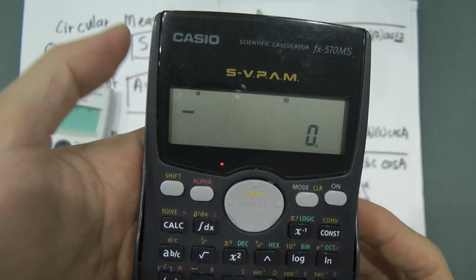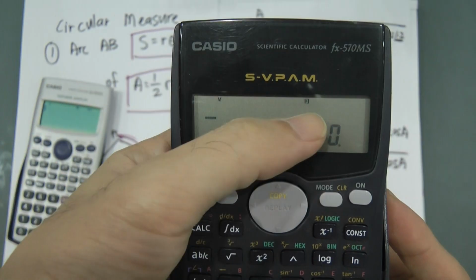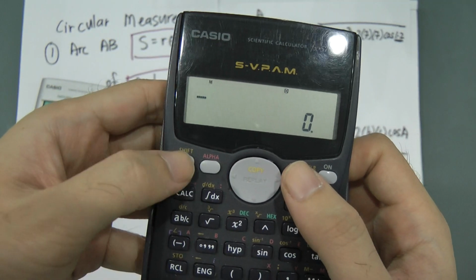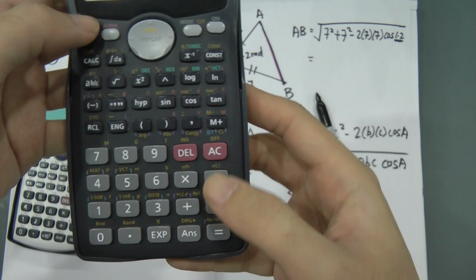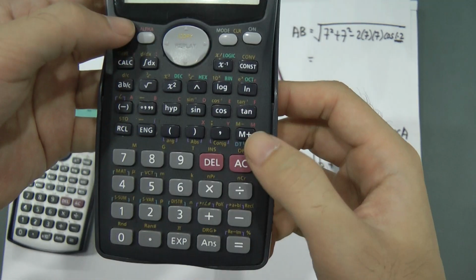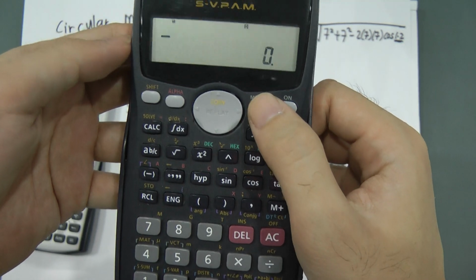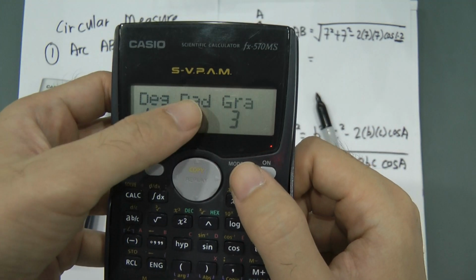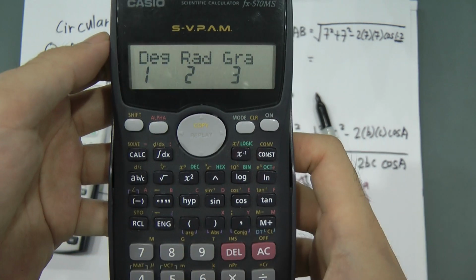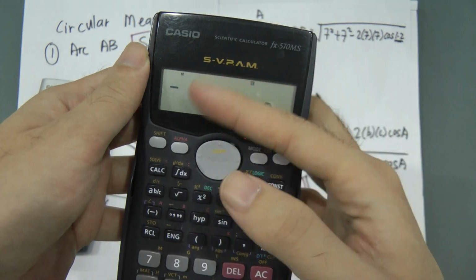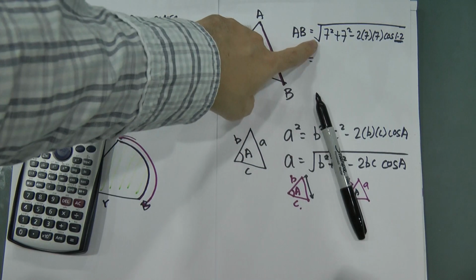If you can focus, you can see that this one is D. So what you need to do is press shift. Oh no, for this one, let's see. Yeah, this one you need to press mode 1, 2, 3, 4. And then do you see radian as the second one? You press 2. Okay, now you have changed your angle into radian. Then you can straight away press this one.